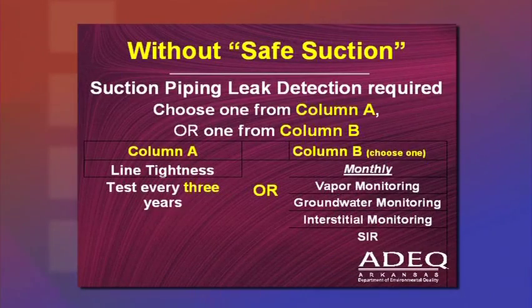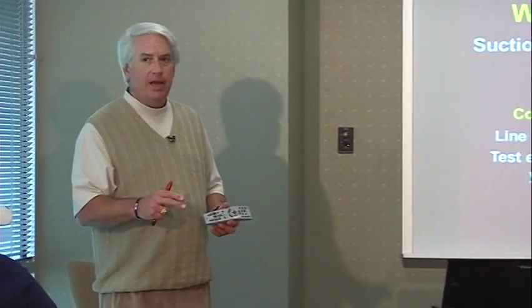And it differs from pressurized piping in that, without safe suction piping, you have to do one form of release detection instead of two, like for pressurized piping. One form of release detection for suction piping if it's not safe suction piping, and that is you have to do a line tightness test every 3 years.